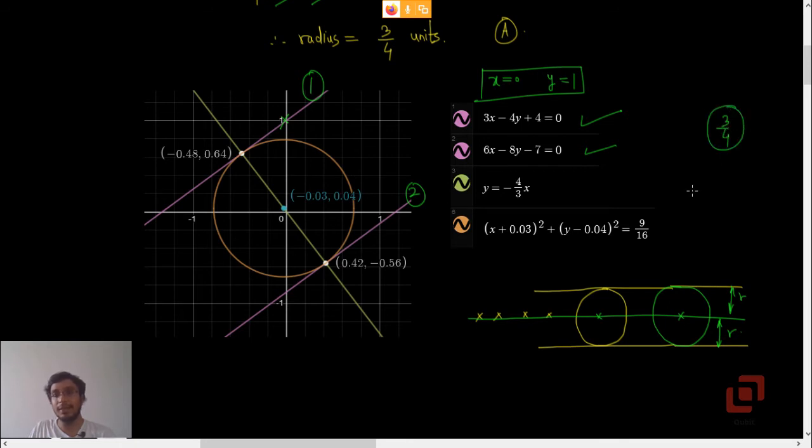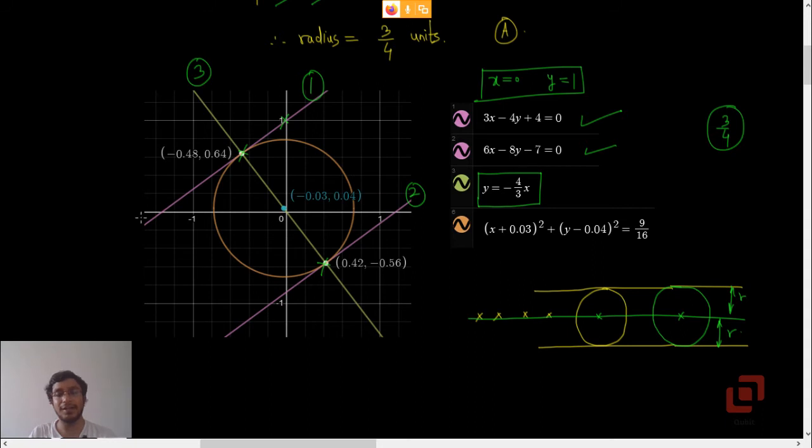Okay. Then I constructed a line which is perpendicular to both these lines. So that is y equal to minus 4 by 3 x, which gave me this green line here. I found out the coordinates of the points of intersection of the green line with these two tangents.